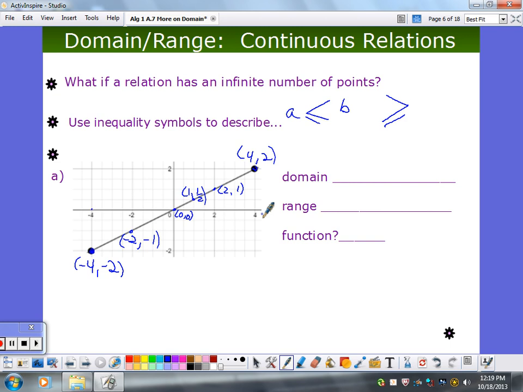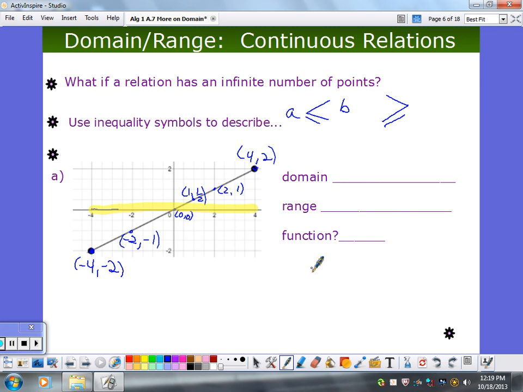And everything in between. Isn't that my domain? It's all this stuff right here. If you go along here, isn't that where I have x's defined? I don't have anything out here, and I don't have anything out here.